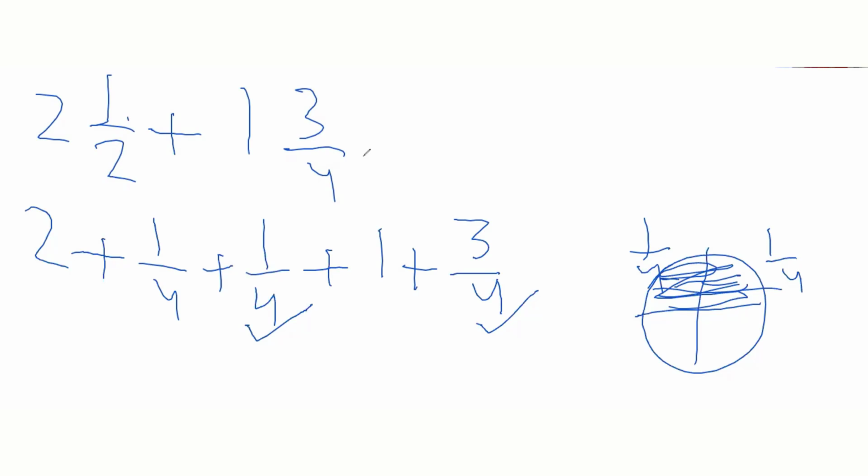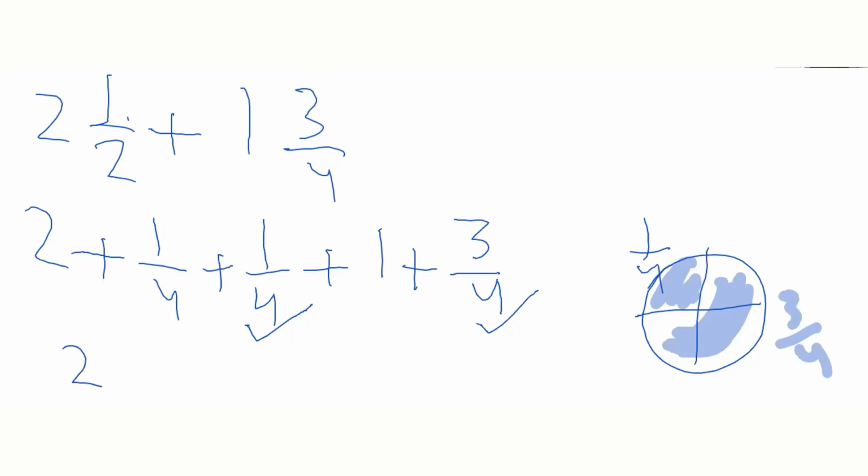The sum would be 4/4. You got it. This is 1/4 and these are 3/4, right? So 4/4 means it's equal to 1, one complete thing.